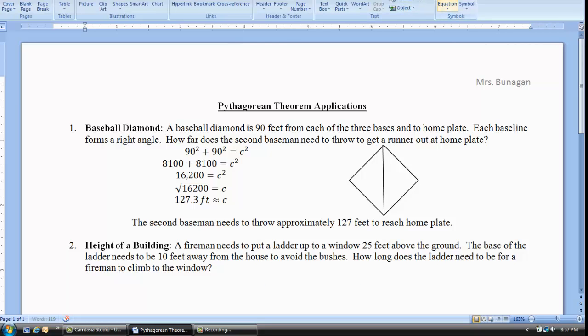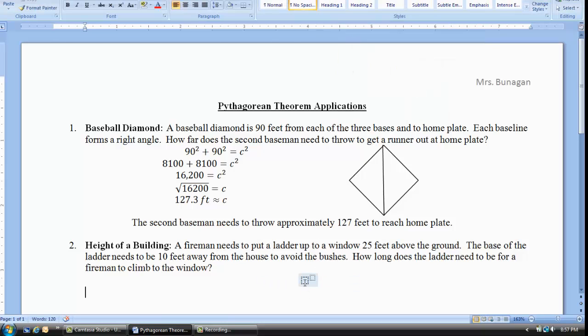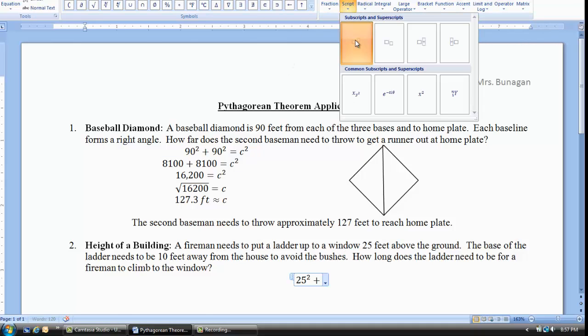Insert another equation box. Start with 25 squared. Right arrow plus 10 squared.